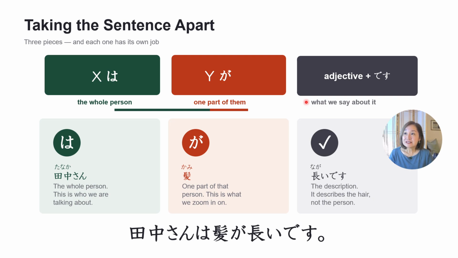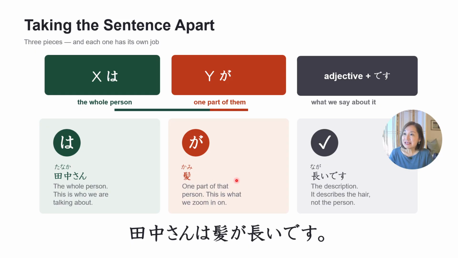Now, here's a helpful way to understand this pattern. Translate it very literally: as for X, Y is something. So let's look at our example. 田中さんは髪が長いです。田中さんは tells us who we're talking about, in this case, 田中さん.